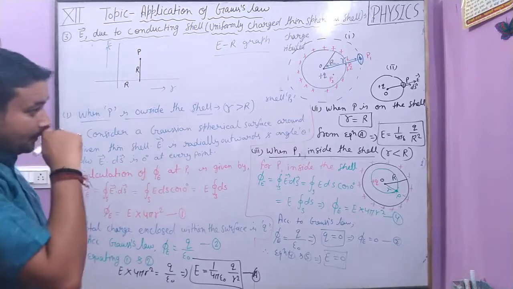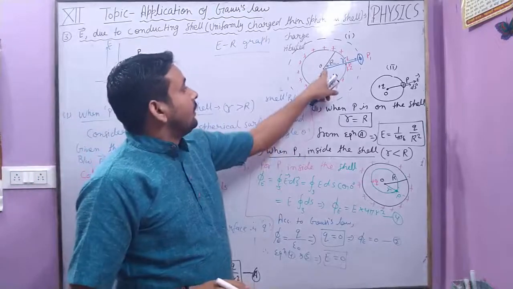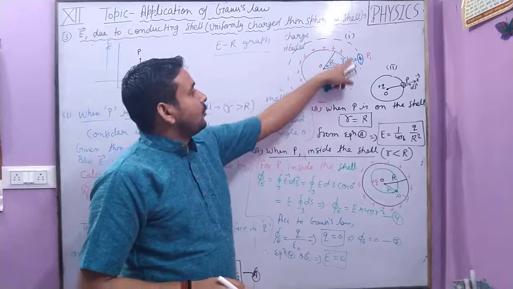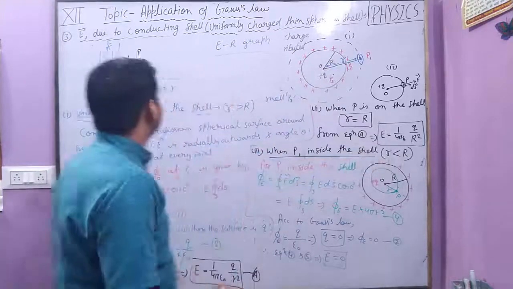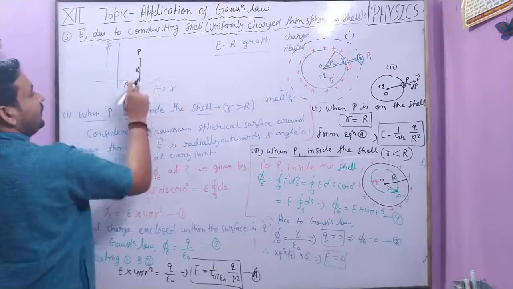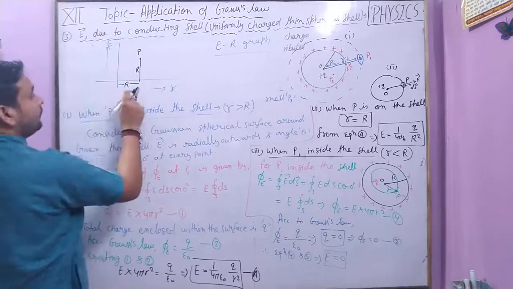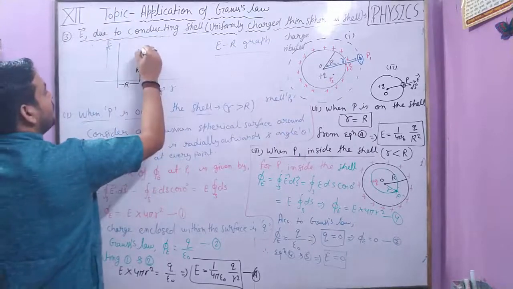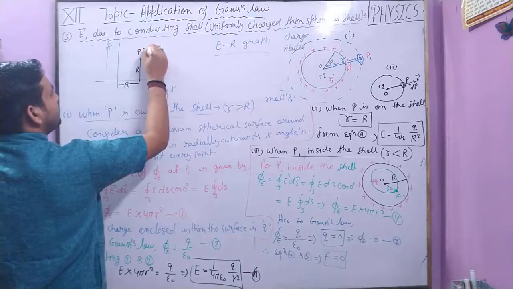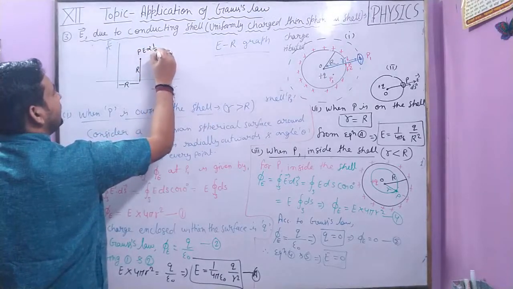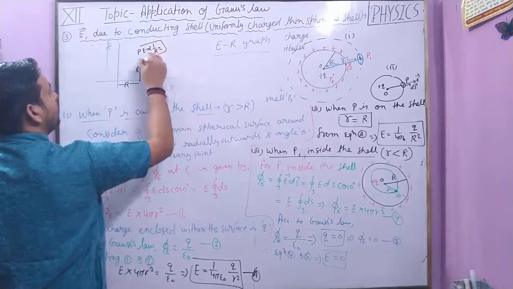Clear? Now, because the total charge is situated over the surface, at this point P, which is equal to the radius of the cell, the electric field is inversely proportional to R square.